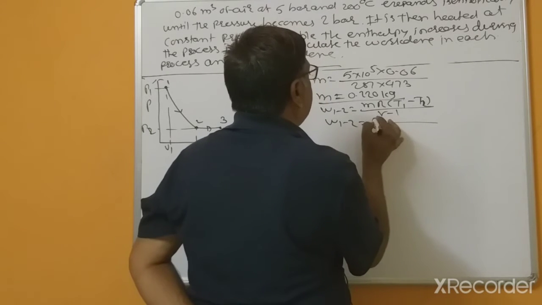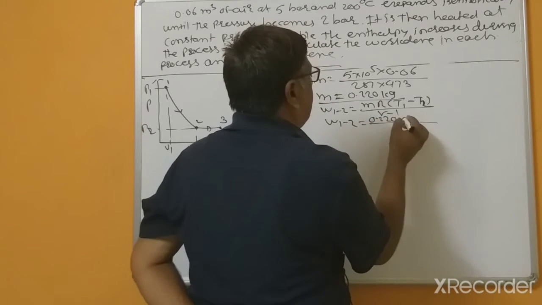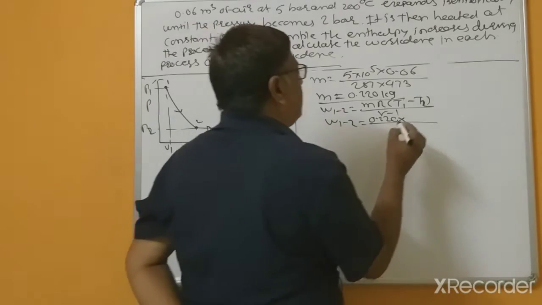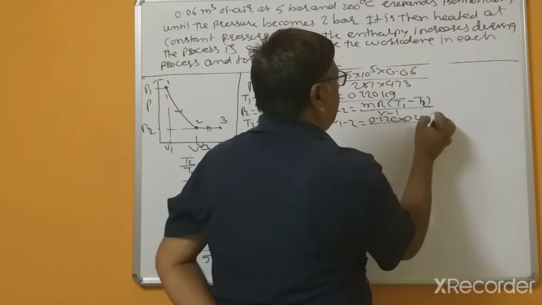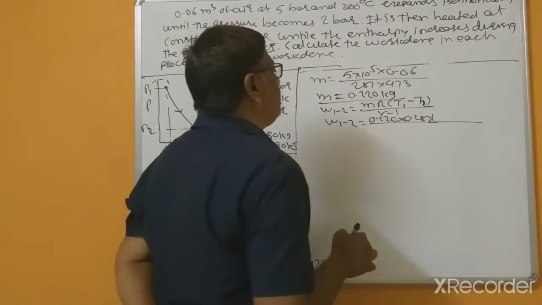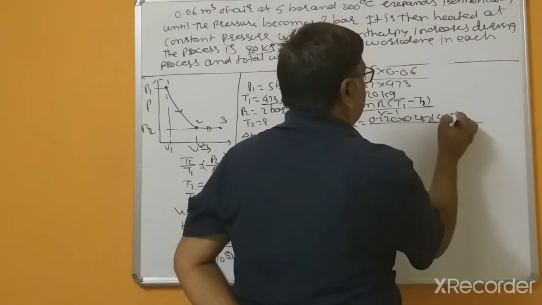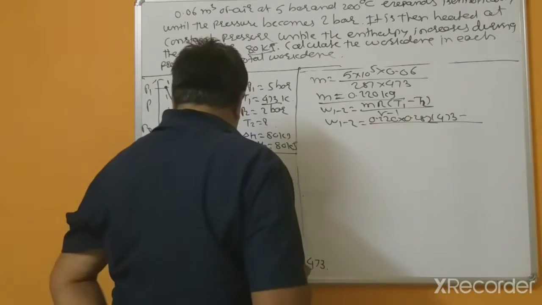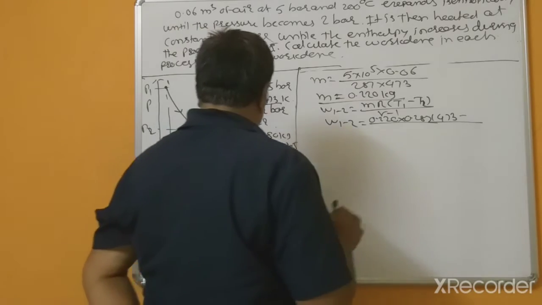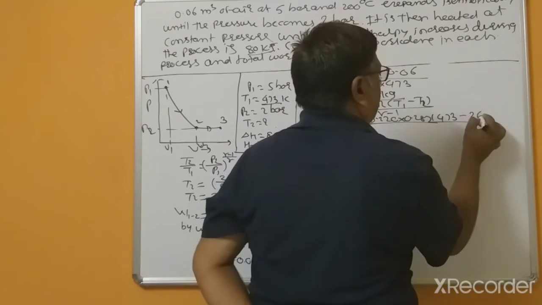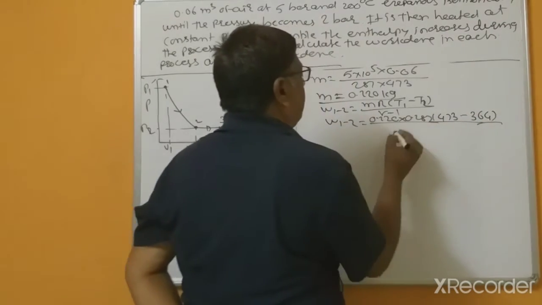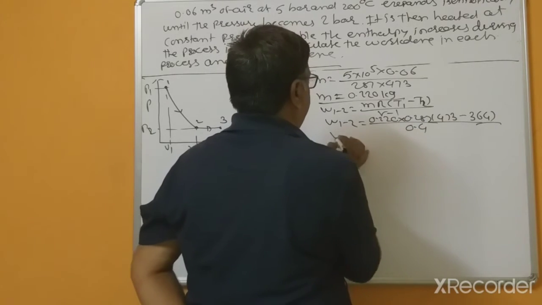That's why m equal to 0.220, R we'll consider 0.287, T1 temperature 473, T2 temperature we calculated 364, divided by 0.4.